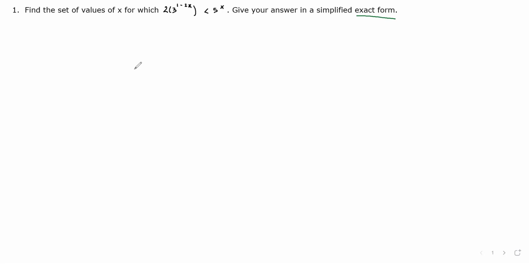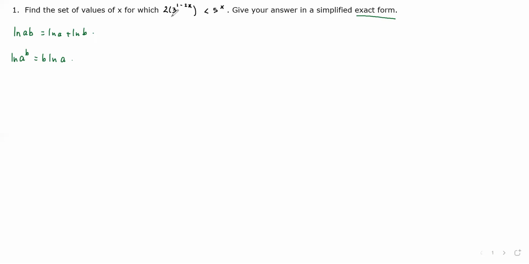X is in the exponent, so we need to use the laws of logarithm. Recall the product law: ln of AB is ln A plus ln B. And the power law: ln of A to the B is B ln A. Both can be applied in reverse order.